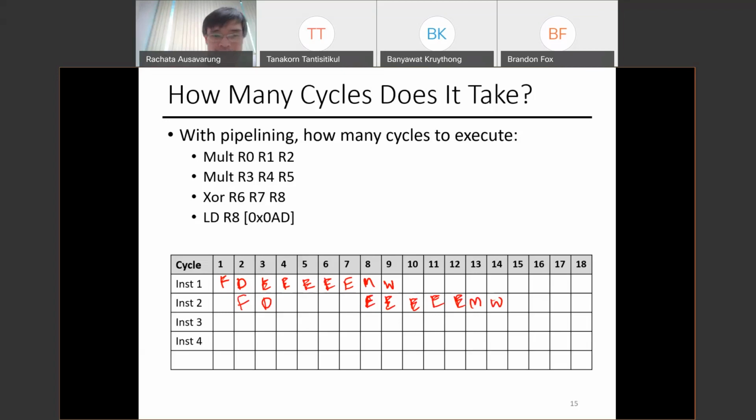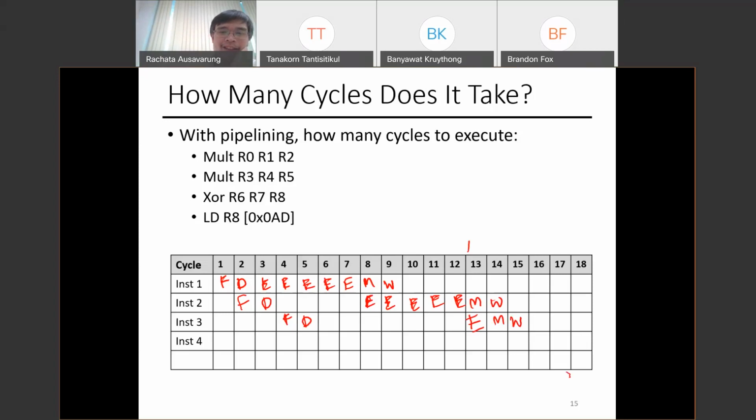When can I fetch the third instruction? At what cycle? Cycle 3, yep. And when can I execute that instruction? 13, yes. I'll tell you why. Execute, memory, and write back.